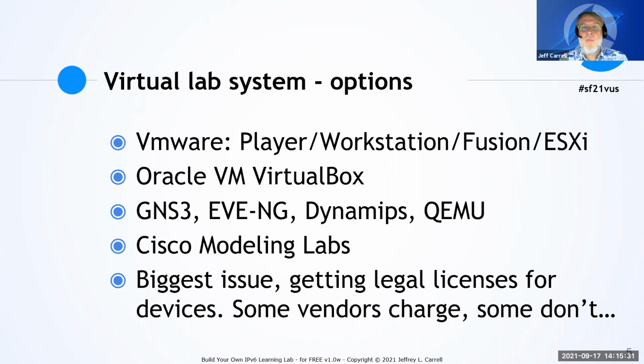So those will do the job. But if you come in there with either GNS3 or EVE-NG, Dynamips, or QEMU, those give you some emulation and potentially some nice GUI front end, i.e. draw some boxes or lay out some boxes, make some network connections, and the back end does the virtual linkage.